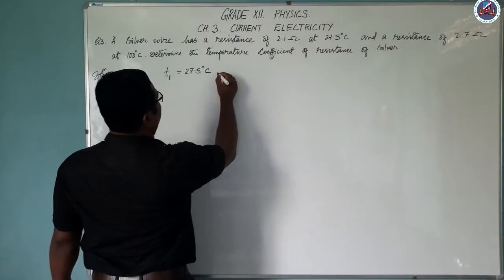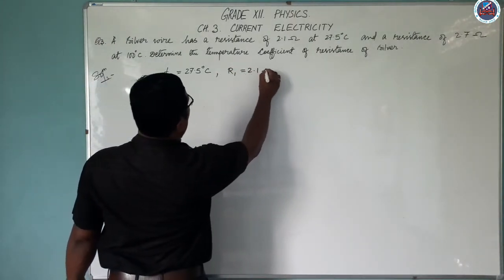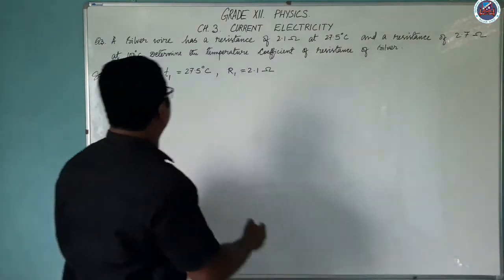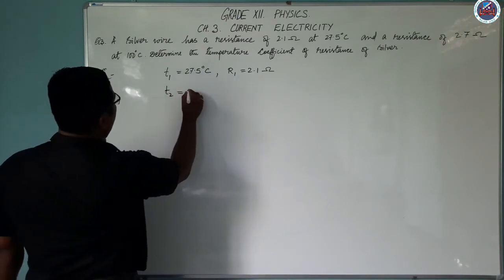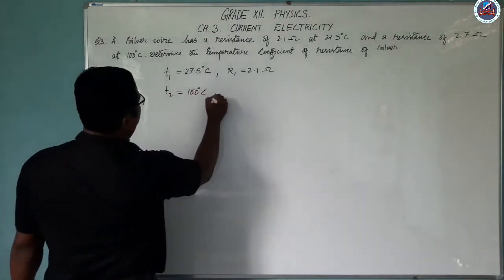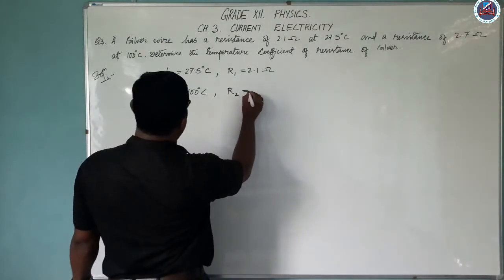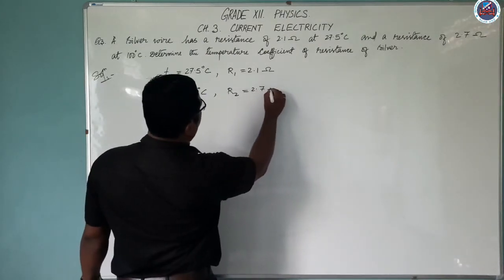At this temperature, resistance, let us take it as R1, is 2.1 ohm. And the final temperature, let us take as T2, 100 degrees Celsius. At this the final resistance is 2.7 ohm.